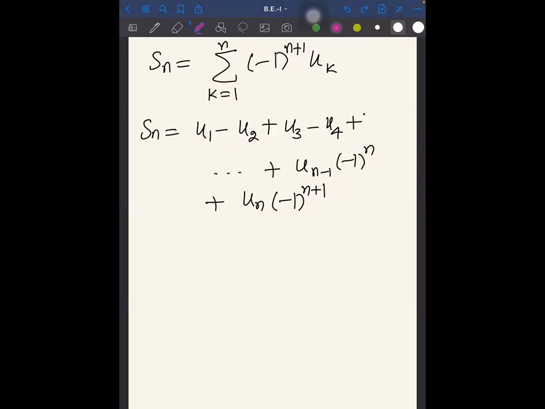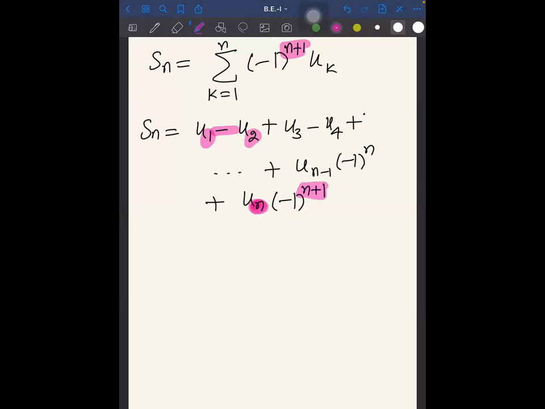So why did you take that n+1 in the last? That's what I'm saying. When you have u1, you have (-1) raised to power 2. When you have u2, you will have (-1) raised to power 3. That's why you got that negative sign. So whatever the term is, it will be multiplied by (-1) raised to the power of one more than the index of that term.